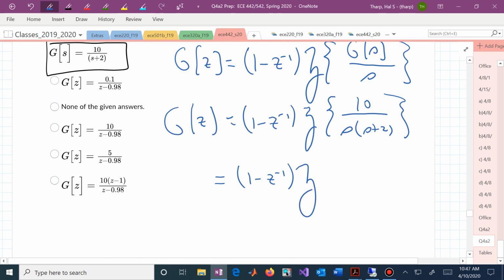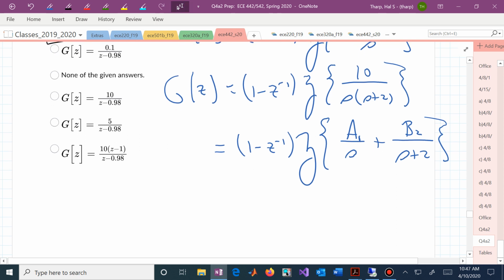You should be able to now partial fraction expand. Once you've found A1 and B2, you can find those in the transform table and then find the z transform expression, which in this case is what?